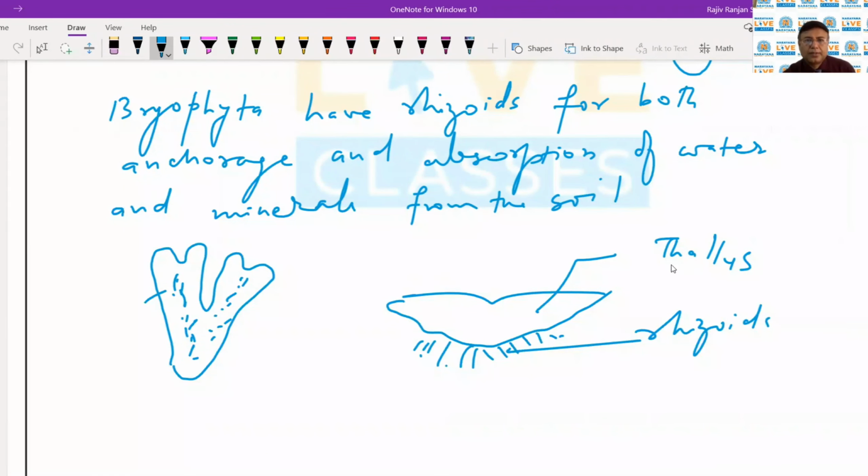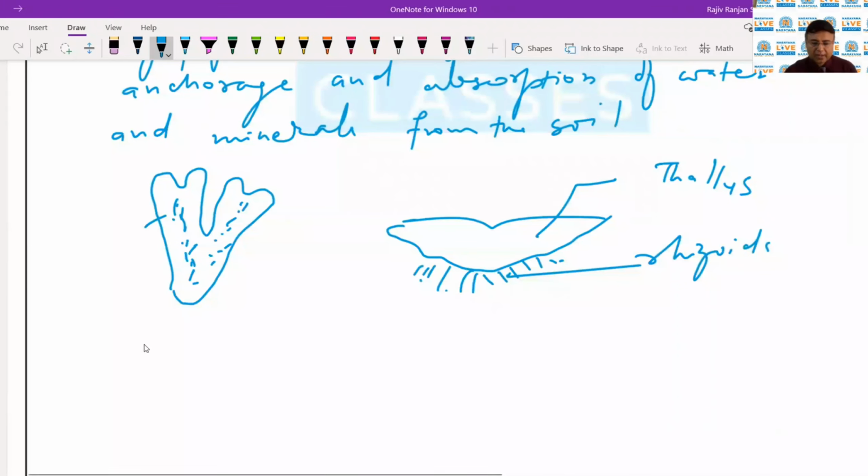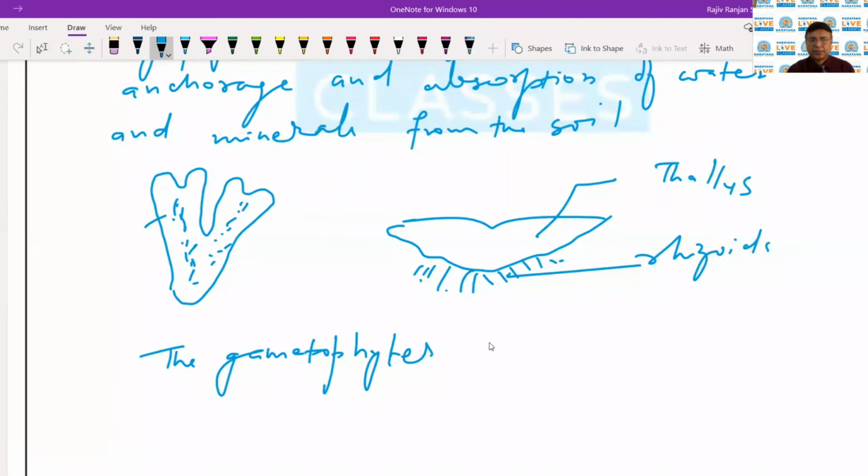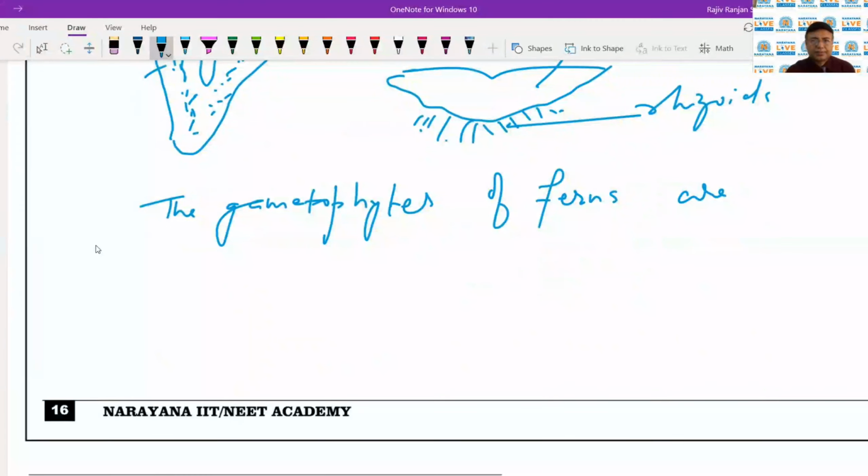अब हम pteridophytes की बात करें तो ferns have got prothallus. The gametophytes of the ferns are called prothallus.